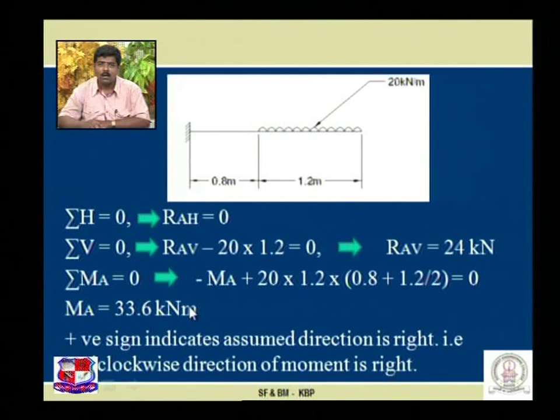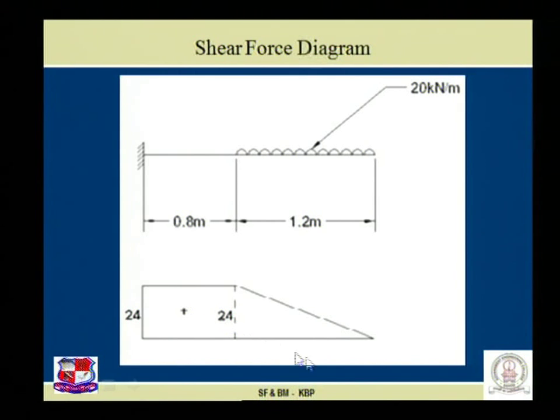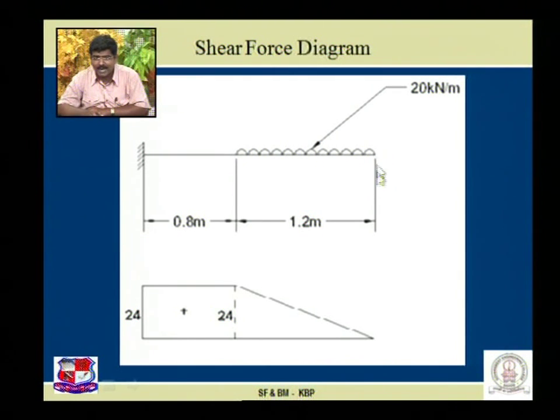Let us go for plotting of the shear force diagram. At the tip, no force is acting, so the shear force is 0. Up to the 1.2 meter where UDL is acting, the variation is given by an inclined straight line, and the ordinate is 20 into 1.2, 24 kilonewton.